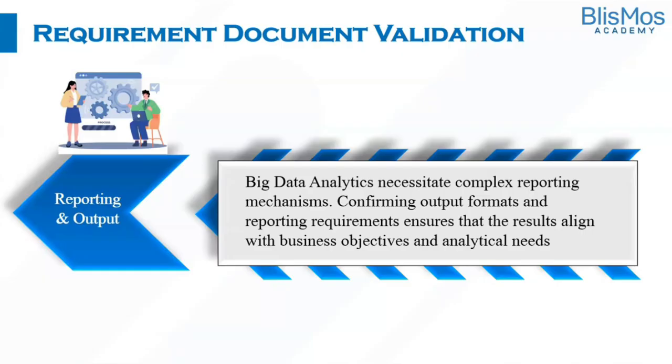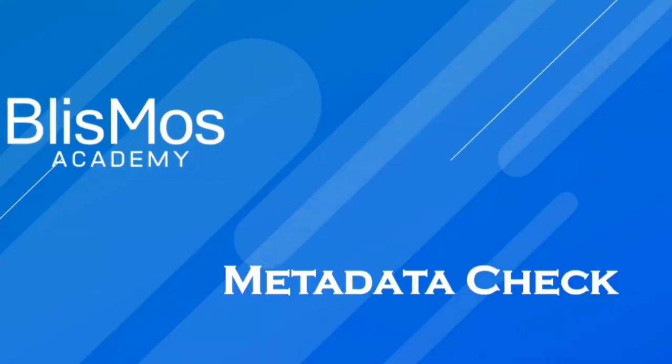But we are trying to do all these validations much earlier in the project. So in the reporting, we'll see whether the output formats are mentioned properly or not. What are the different computations mentioned, whether they are making sense or not. All those things need to be validated in the reporting and output.